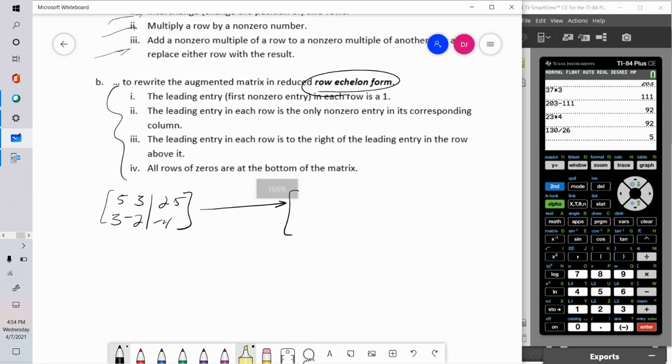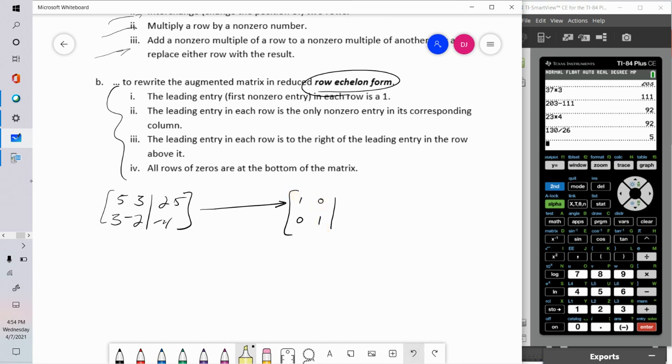What I mean by reduced row echelon form is that the entries in the coefficient part will be 1, 0, 0, 1. All the numbers along the diagonal from upper left to lower right are 1s, and everything else is a 0.